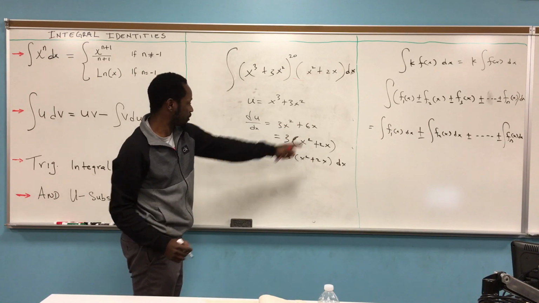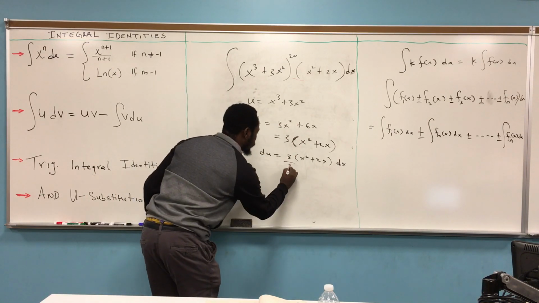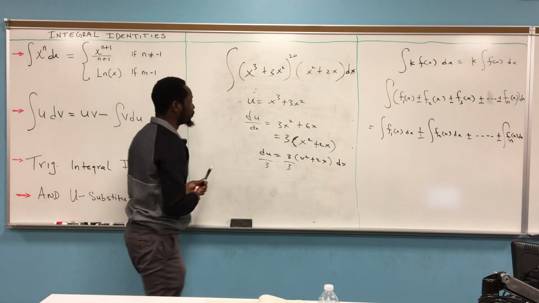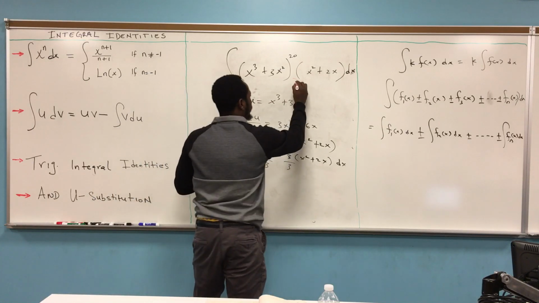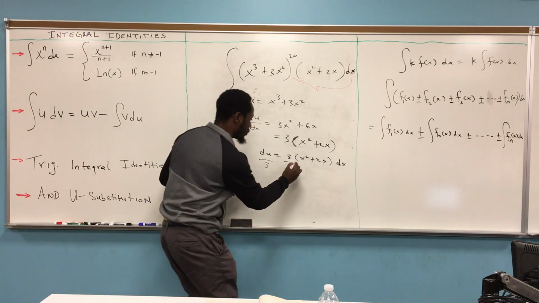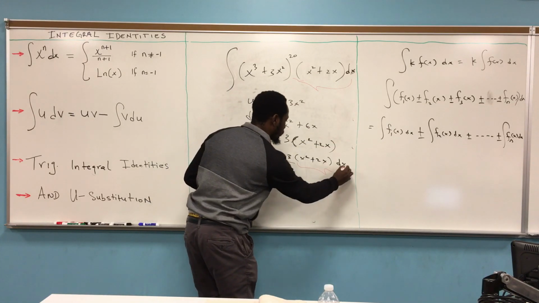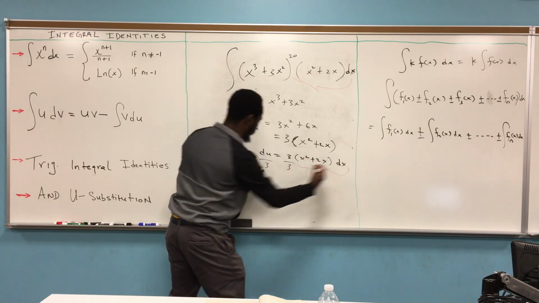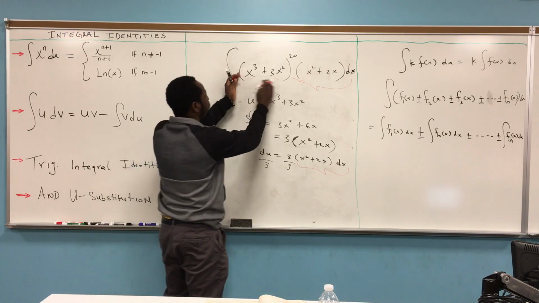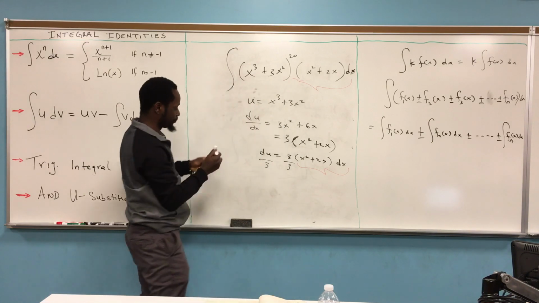I just cross multiply. Now I can divide both sides by 3. Now what do you notice? All this is all this. So I can replace all this with du over 3. Can you see? And I can replace all this with u.